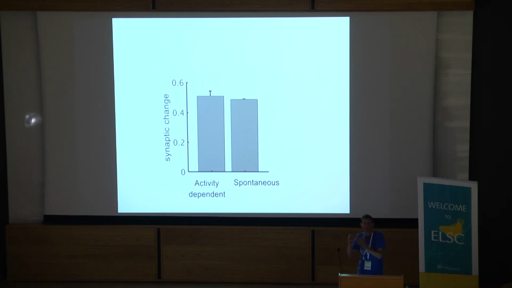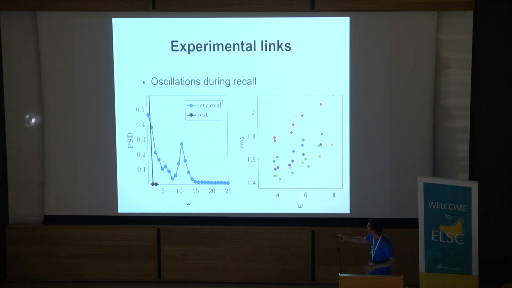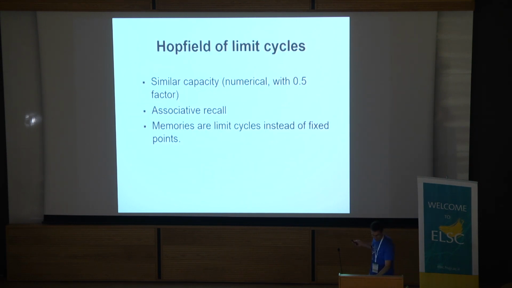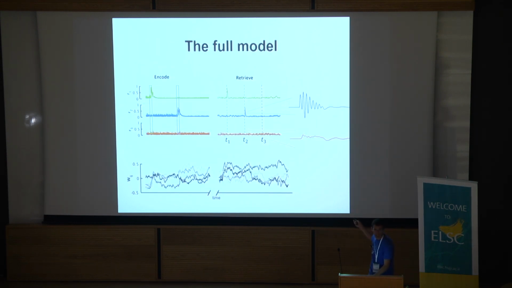Now, there have been quite a few works that showed correlations between, e.g., oscillatory activity and working memory and the quality of recall. So here in the model, you can see that, again, it's not a big surprise. So yes, you have some oscillatory activity in retrieval relative to rest, but that's just showing this thing in a different way.